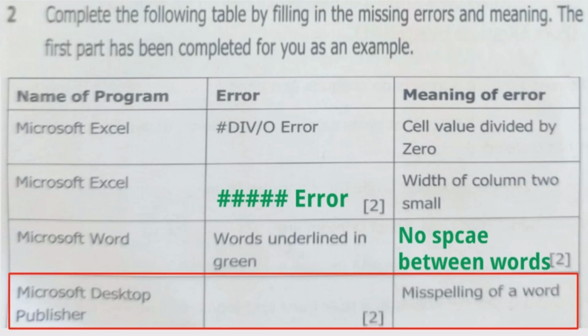For Microsoft Desktop Publisher, we are on the 4th row. Then misspelling of words. What happens when you misspell words in Microsoft Desktop Publisher? What kind of error are you going to have? So you have wavy red line, showing that the word is not well spelled.